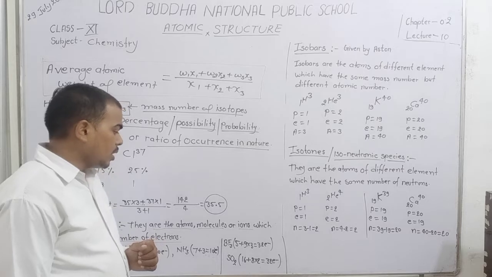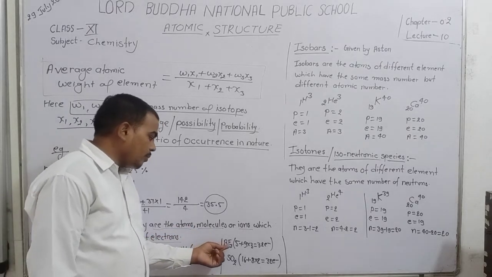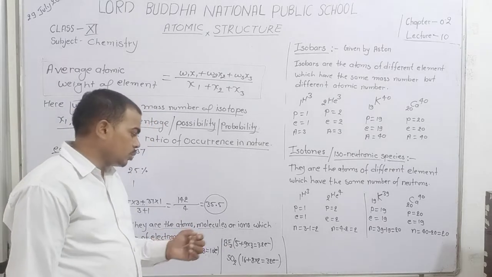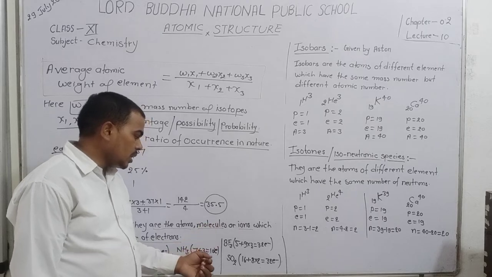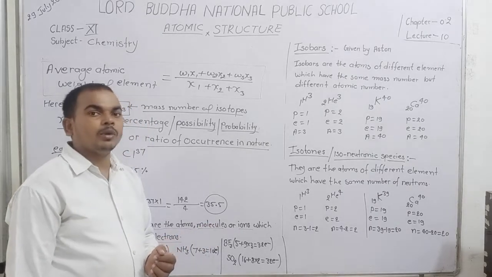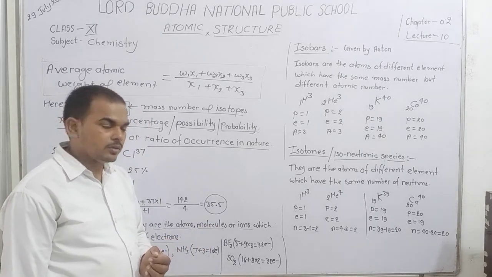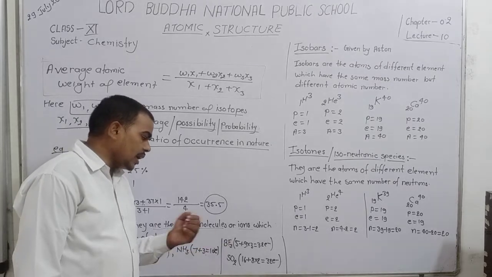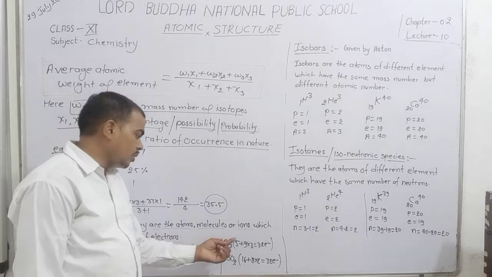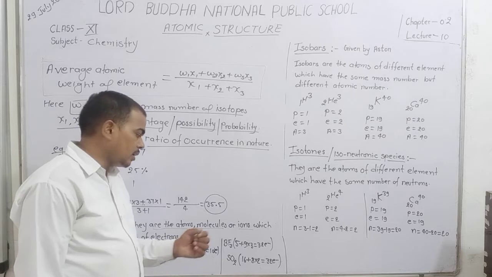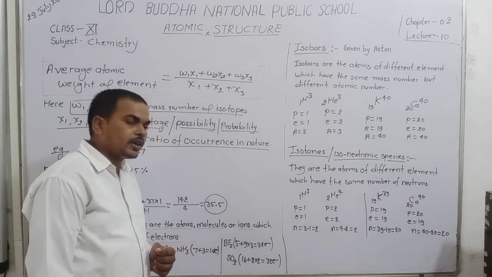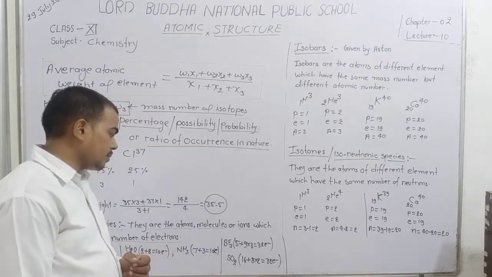Okay. Now here BF3 and SO2. Dear student, boron has atomic number 5, so it has 5 electrons. You know that the atomic number of fluorine is 9. Here there are 3 atoms of fluorine, so 9 into 3, and after calculation we obtain 32 electrons in BF3.